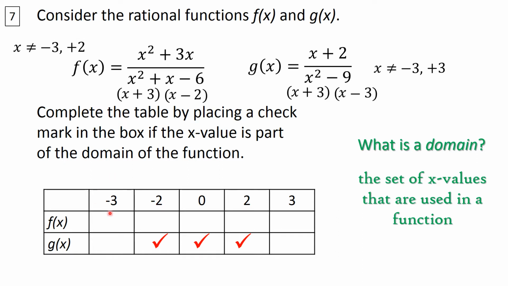So again, not the negative 3, not the positive 2, but the domain is going to include the other 3 numbers that were on that list. We got to leave out the ones that were excluded. The way they ask this question, we want the ones that are part of the domain, so we're leaving blank. It's mostly about what's being left blank.